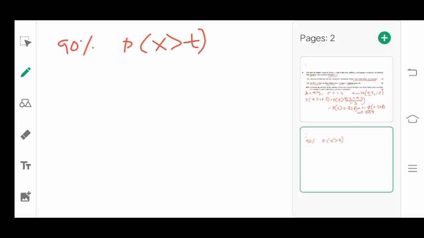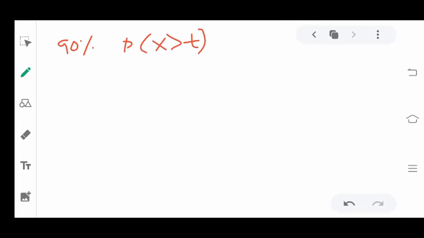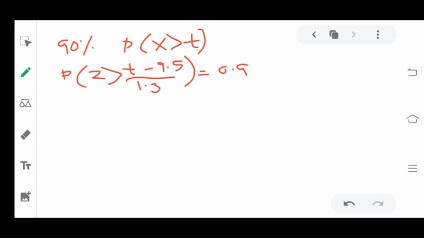So P of x greater than t can be written as P of z greater than t minus mu, where mu is 9.5, divided by sigma, which is 1.3. That is 90%. If you make it a probability decimal, it is 0.9.